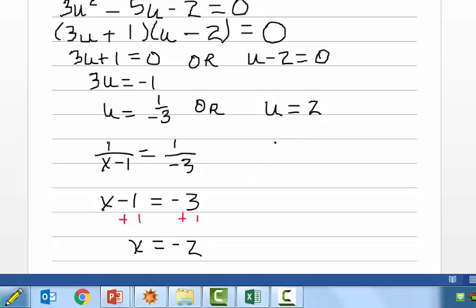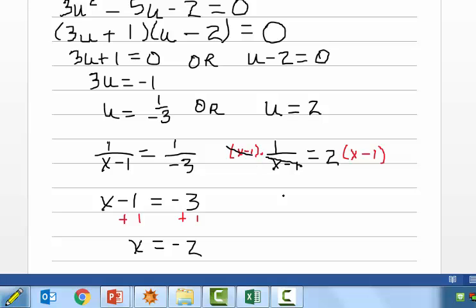Here u is 2, so 1 over x minus 1 is equal to 2. And if we multiply both sides of this by x minus 1, the left side of the equation and the right side of the equation, or you could cross multiply.